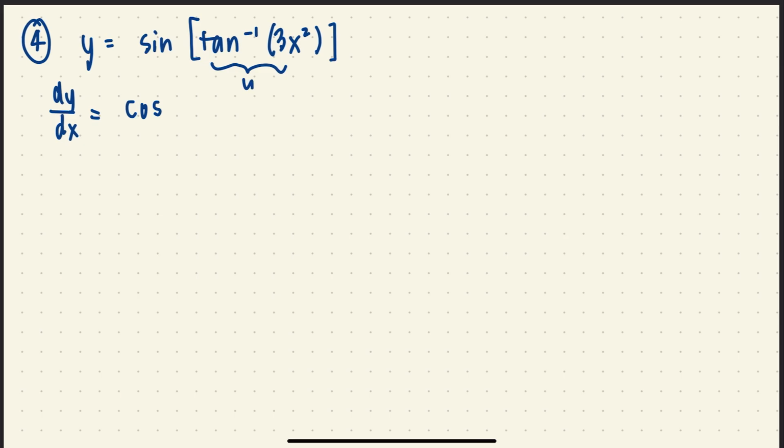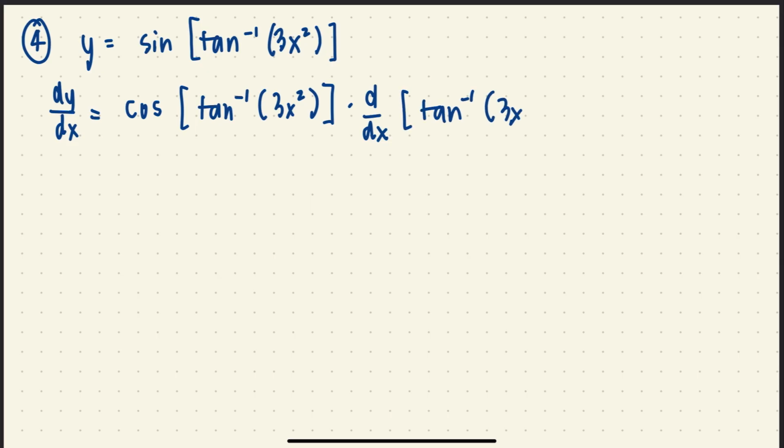So it will be the cosine of arctan of 3x squared, and then we multiply it with the derivative of u, which is the one inside. Okay, so we get the derivative of arctan. We know the derivative of arctan from the start of this discussion is 1 over 1 plus u squared. 1 plus your u, which is your 3x squared.